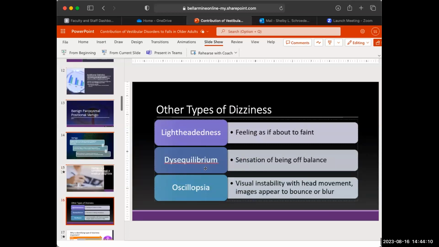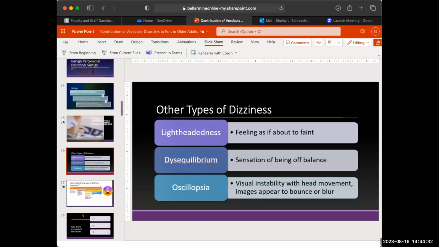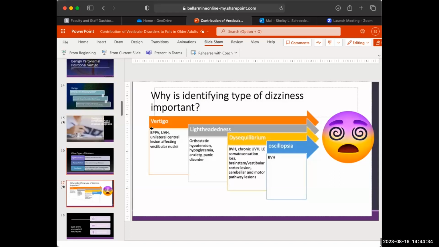There are other types of dizziness, and these help us differentially diagnose what is causing the patient to feel this way. They might be lightheaded, or have disequilibrium, a feeling of being off balance, or oscillopsia, where they feel like their vision is bouncing as they're moving. All those things can have different causes. So here are the diagnoses that are correlated with these different sensations.